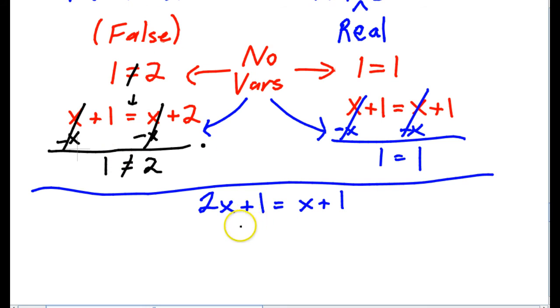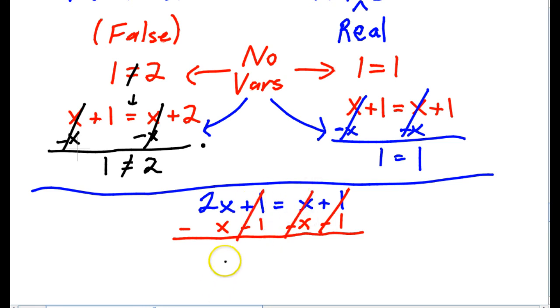Let's solve this. Subtract 1 on both sides, subtract x on both sides. Okay. Constants cancel out, variables cancel out. So what is left on the right hand side if everything is canceled out? 0. 0 is left.